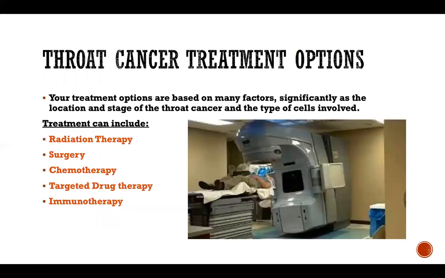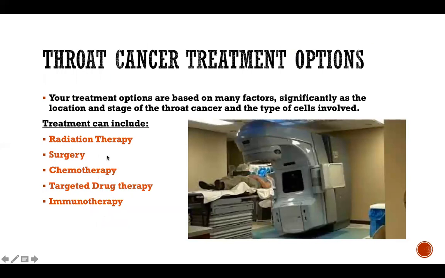So what are the throat cancer treatment options? A person's treatment options are based on many factors, and these factors include location and stage of the throat cancer and the type of cells involved. Treatment can include radiation therapy, surgery, chemotherapy, targeted drug therapy, and immunotherapy.